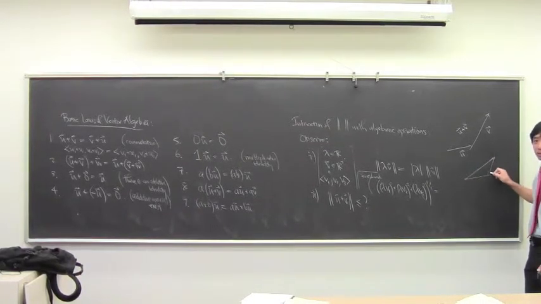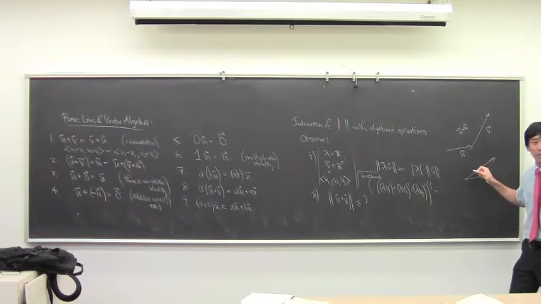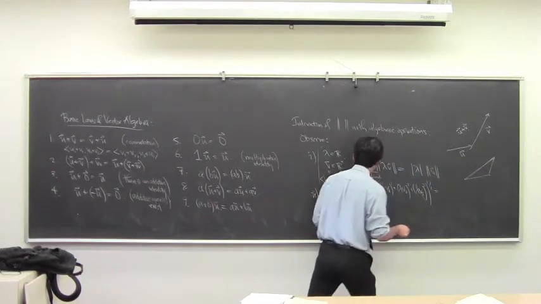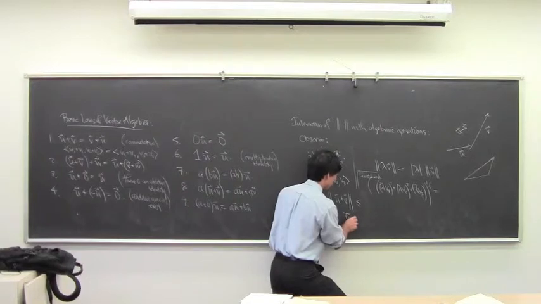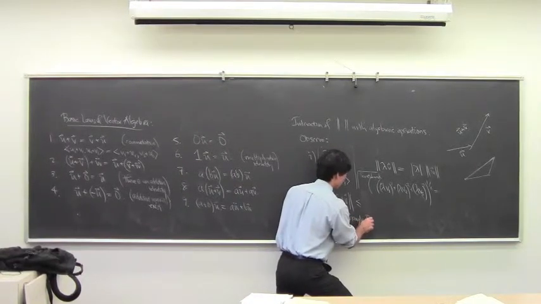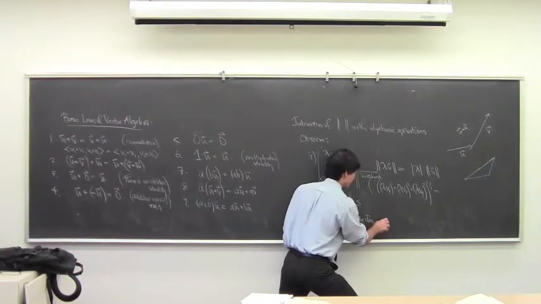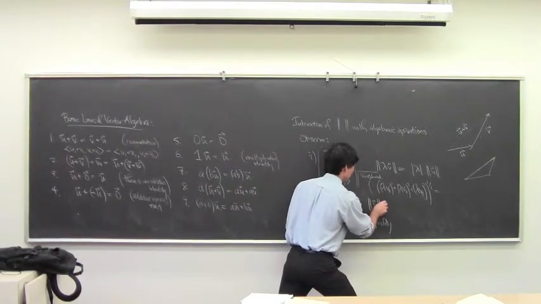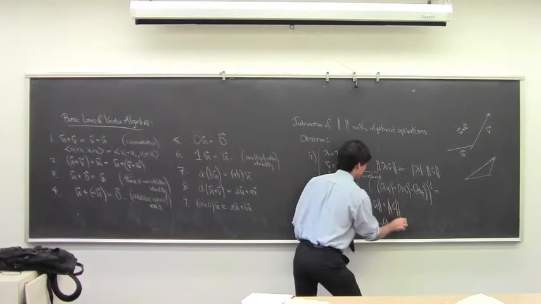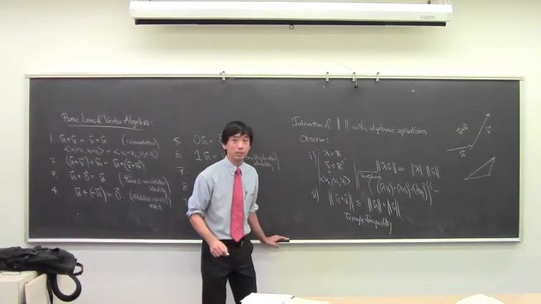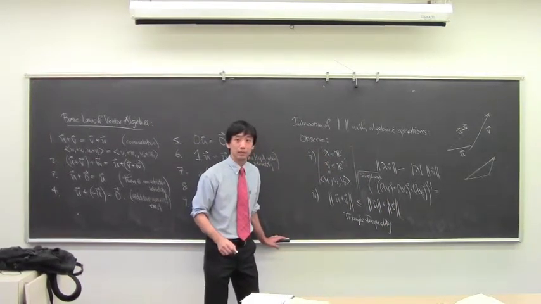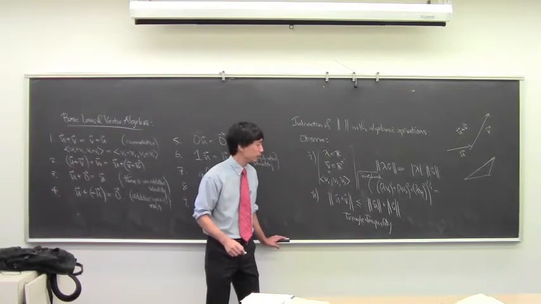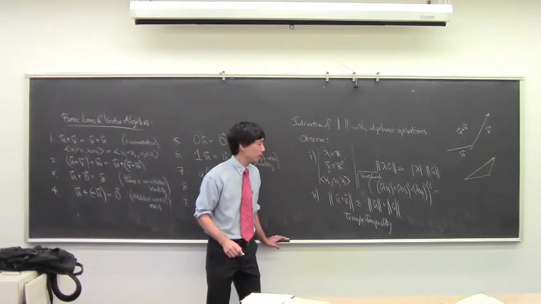If you go any other route, then you've made it longer. So this is a statement called the triangle inequality. It's written like this: the size of a sum is dominated by the sum of the sizes. The magnitude of a sum is dominated by the sum of the magnitudes.